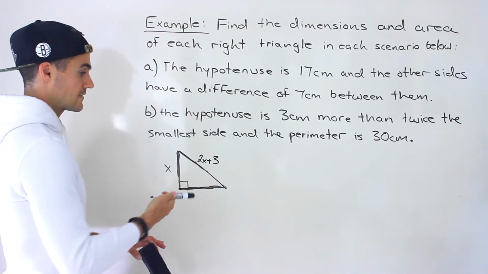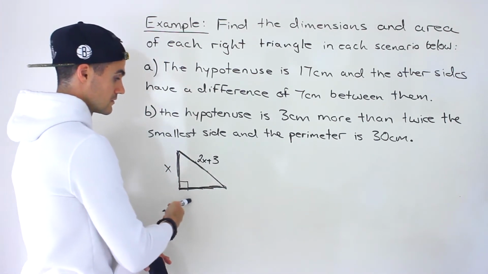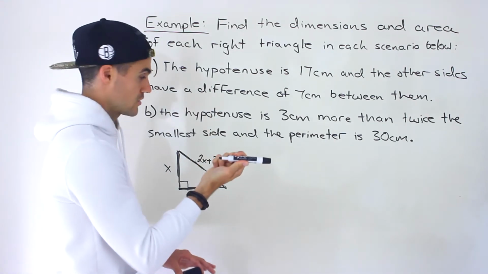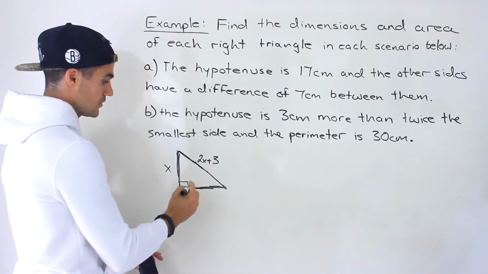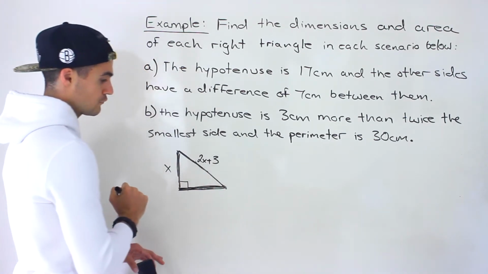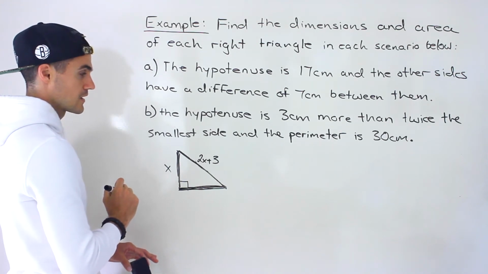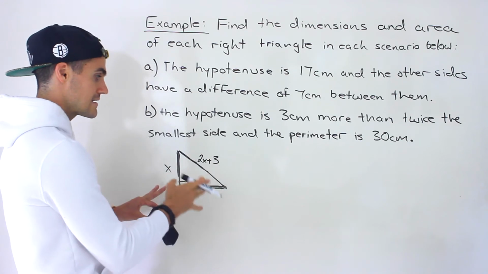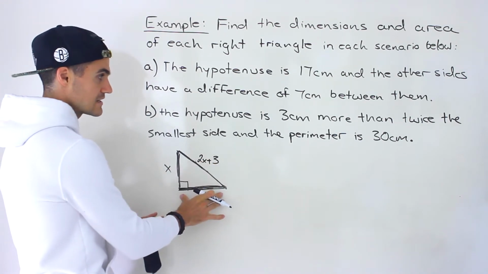And then we're told that the perimeter, so all of the sides added together, is 30 centimeters.